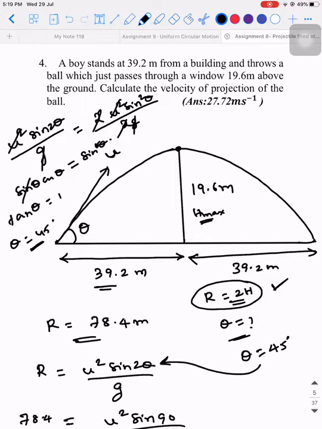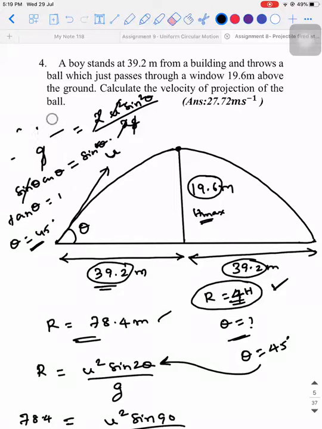Actually, wait one minute. R is equal to how much? See, R is how much? 39.2 plus 39.2 is 78.4, and maximum height is 19.6. So what is the value of R? R will be 4h. I'm sorry. If it is 4h, calculate the value of theta.